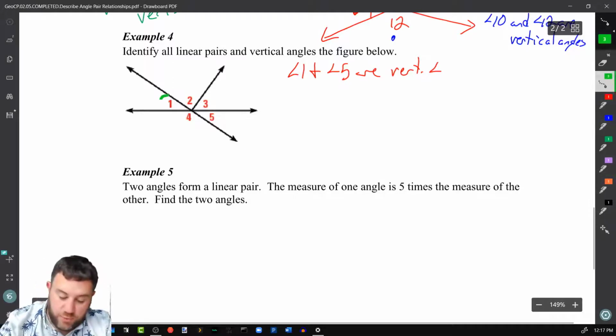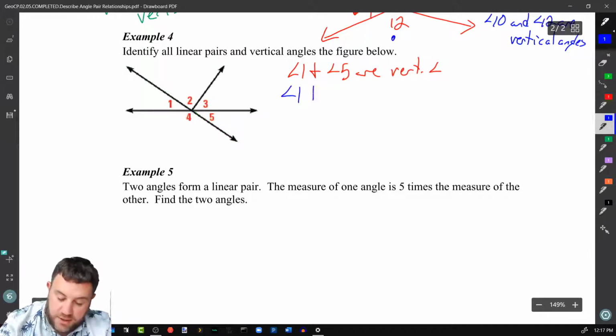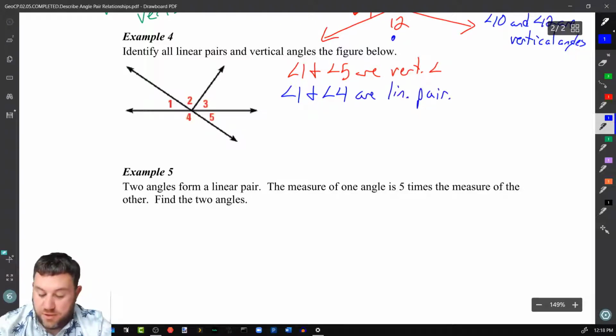And then look at 1 and 4. Those form a linear pair because you have this straight line on one side there. So we'll say angle 1 and angle 4 are, and I'll usually abbreviate this lin pair or just LP for short.